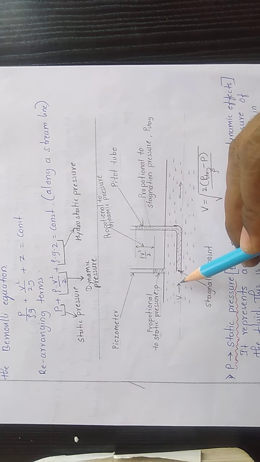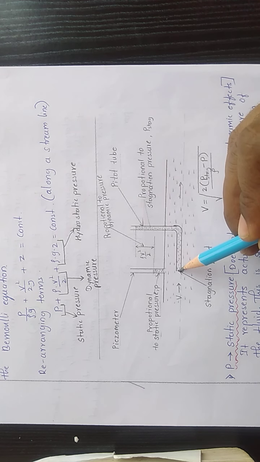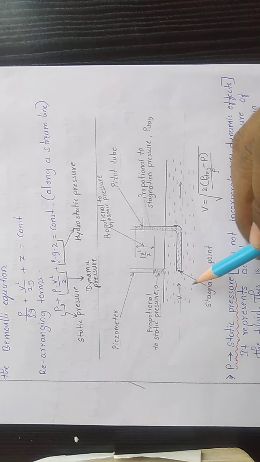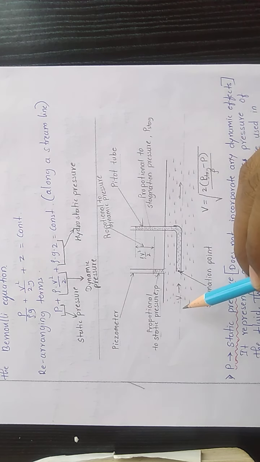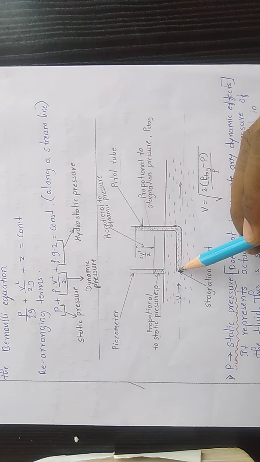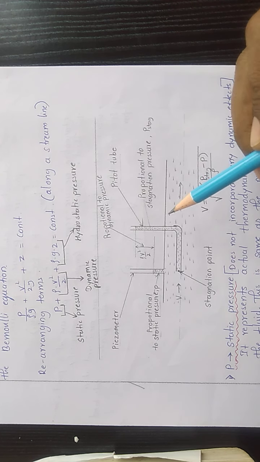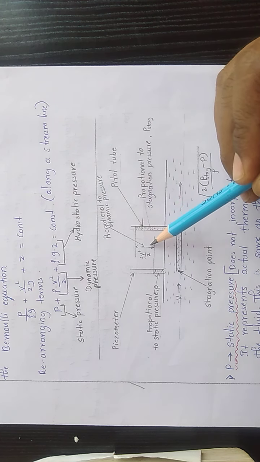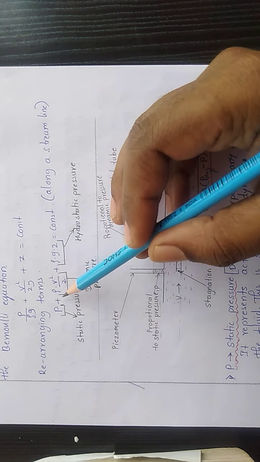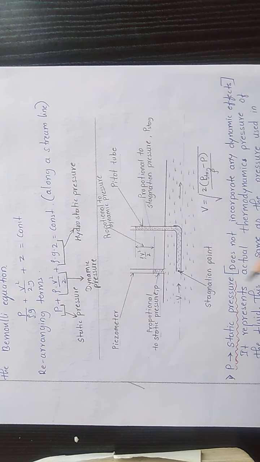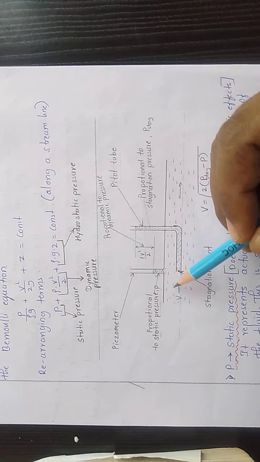Later, when the fluid particles come here, their velocity becomes 0. So where has that energy gone? Initially it has some velocity, and when it enters the pitot tube, its velocity becomes 0. That energy is converted into dynamic pressure, this term rho V square by 2. That is the energy available with the fluid.